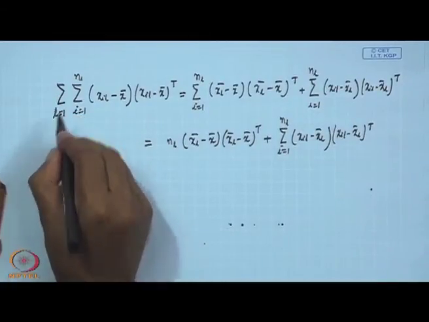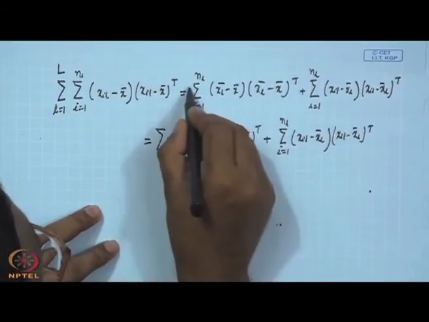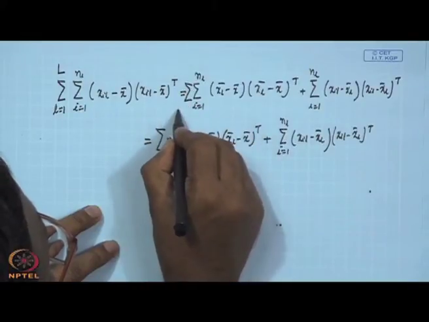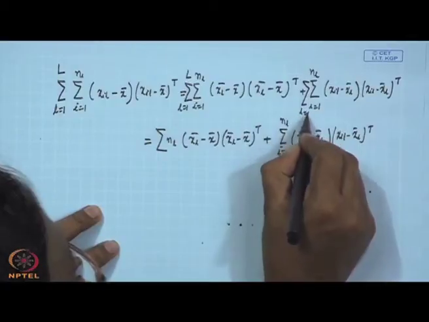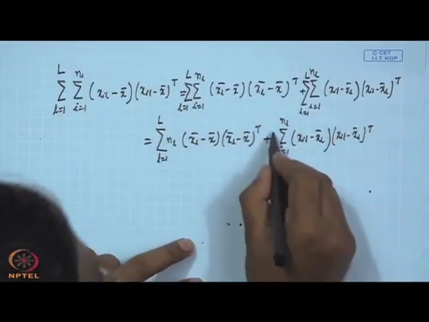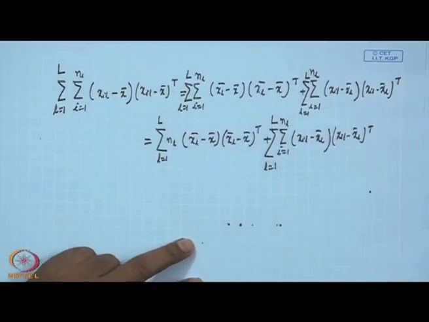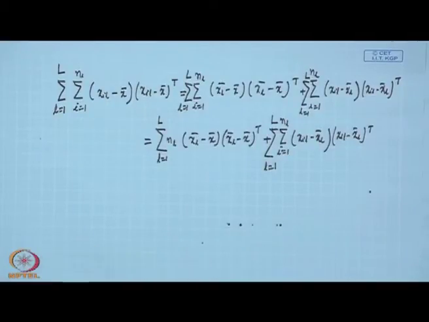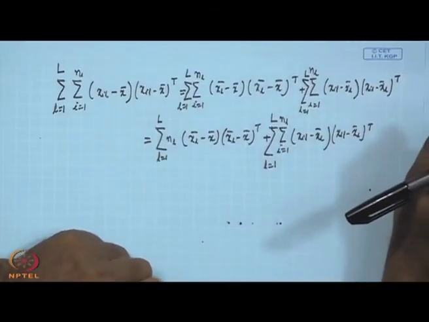So, L equal to 1 to capital L, here also L equal to 1 to capital L, here also L equal to 1 to capital L, and here L equal to 1 to capital L. So, do we require the summation over P again?